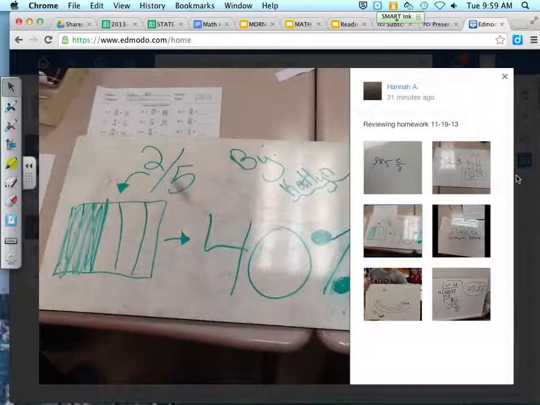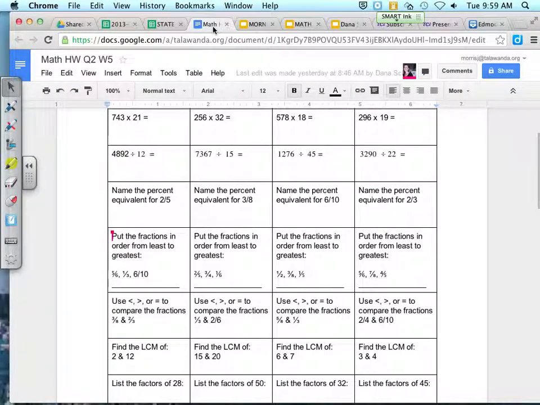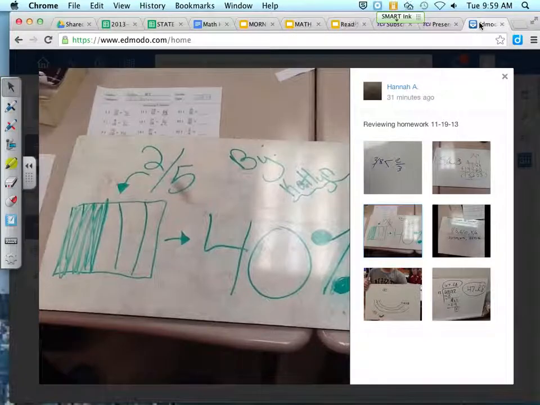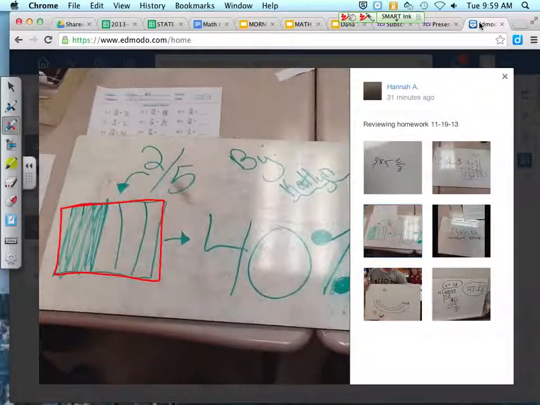Okay, we have the percent equivalent for 2/5. If you look at the percent equivalents for 2/5, you'll notice that Caitlin broke up a rectangle into 5 equal parts and shaded 2 of them.